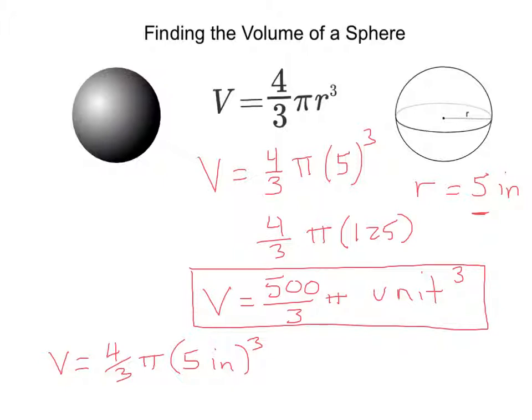And that would be the same thing as 4/3 pi 5 inches times 5 inches times 5 inches. And you see how the inches right there, there's 3 of them that multiply by each other. The units can also be thought of as coming directly from the math. Just like the 5 got cubed, so did the inches unit. And that's another way to realize that that leads to cubic inches if you had inches given to you for the radius.